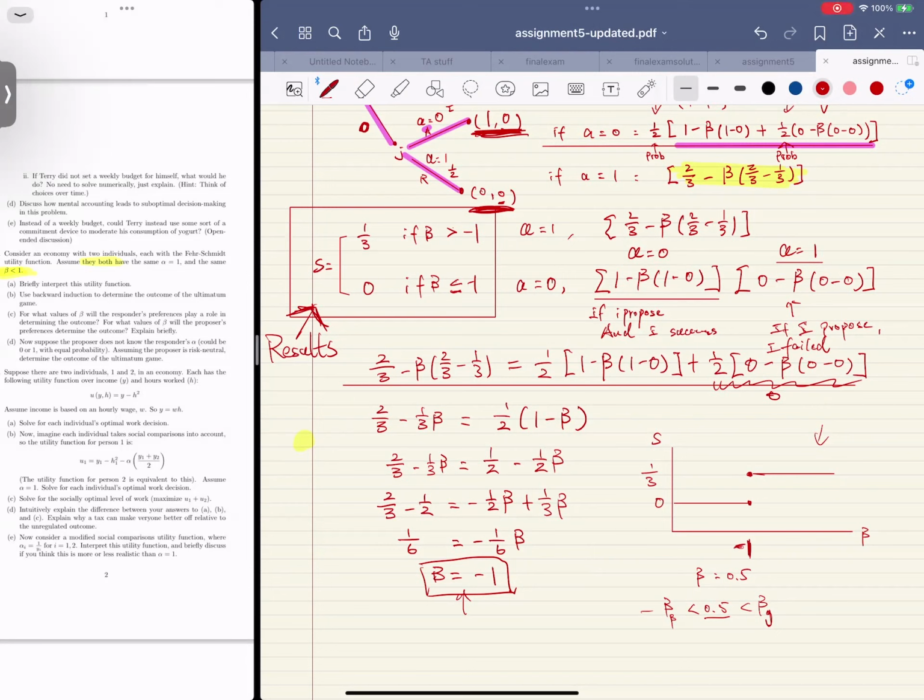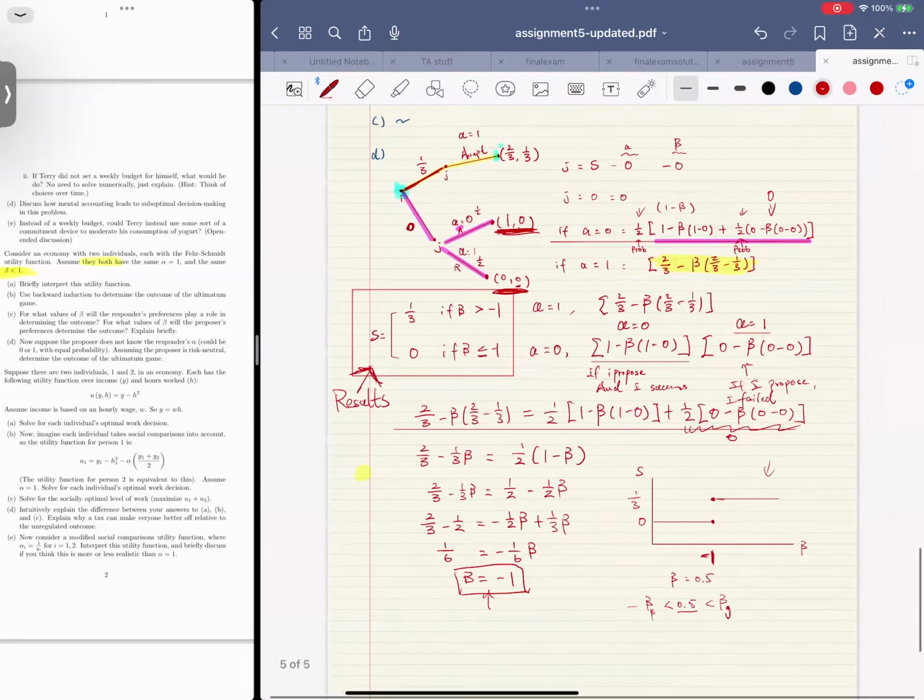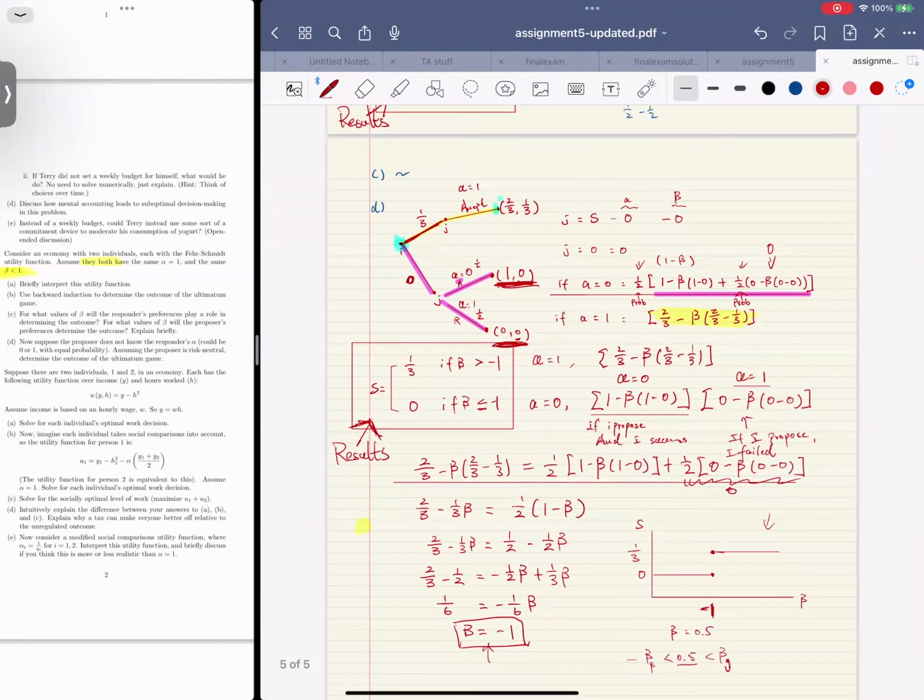So how do we interpret this? If you are a person that enjoys seeing other people suffer, if your beta is actually -1, then you would have a payout of 0. Like you will give 0 to that person.